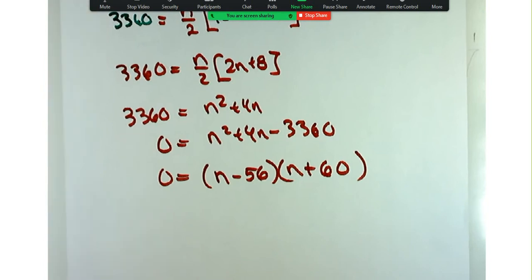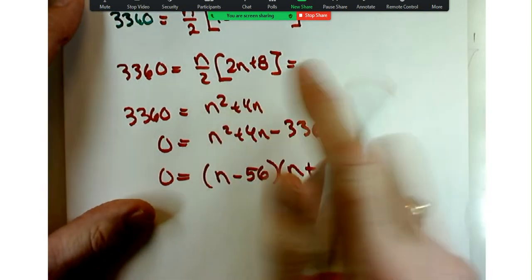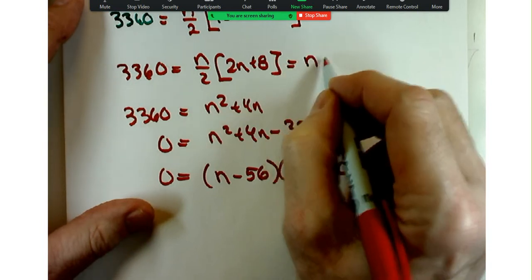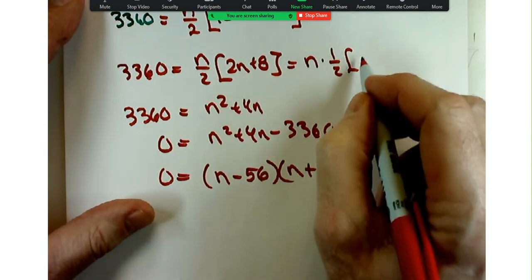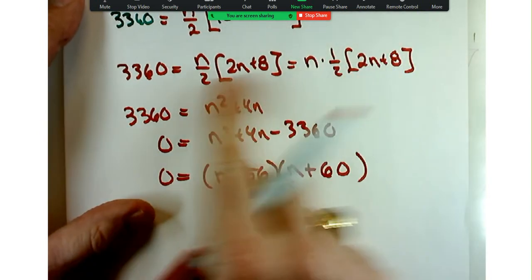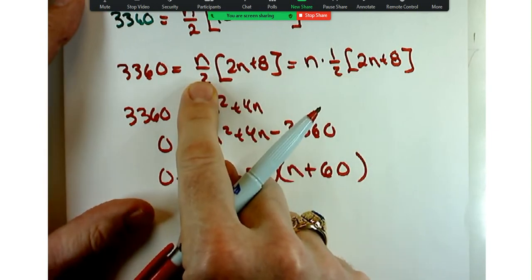Can you explain how you got n squared plus 4n? I'm confused on that. Sure. Let me put in a little more detail. Let me write this as n times 1/2 times 2n plus 8. I'm just splitting up the n and the 1/2. N times 1/2 is the same thing as n over 2. You okay with that? Yeah.